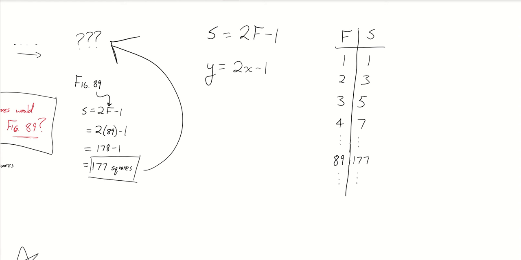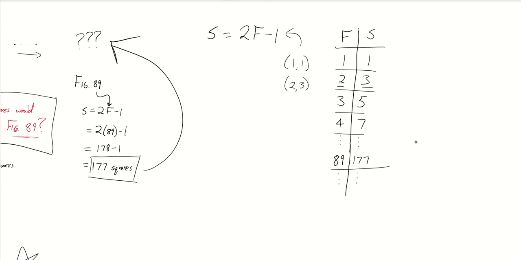So here you could look at this table of values, and each of these corresponding values you could actually interpret or write as ordered pair solutions. So here, 1 and 1 is an ordered pair solution to this particular equation. 2 and 3 is an ordered pair solution.